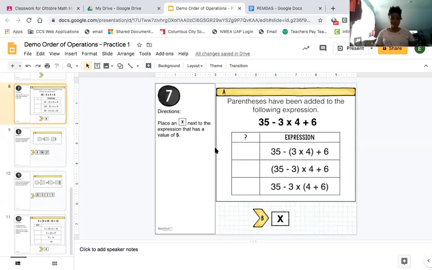Cool. Okay. Parentheses have been added to the following expression: 35 minus 3 times 4 plus 6. We need to find the one that has the value of 5.